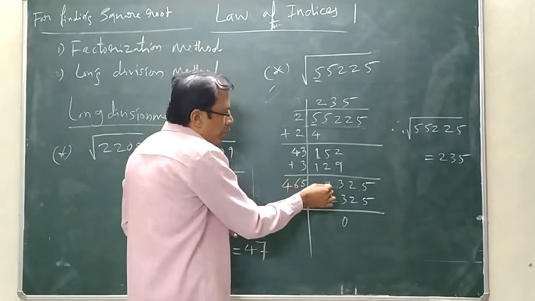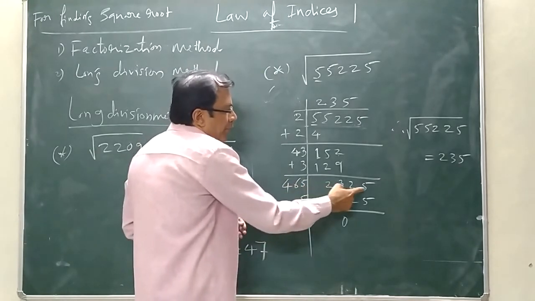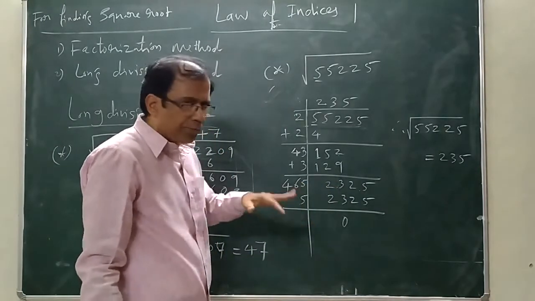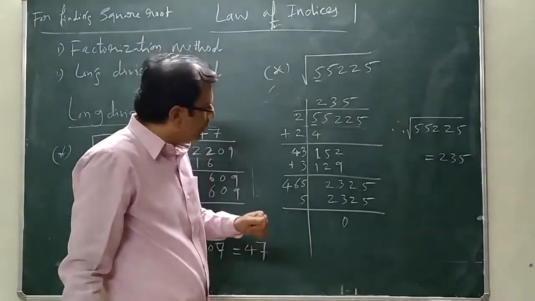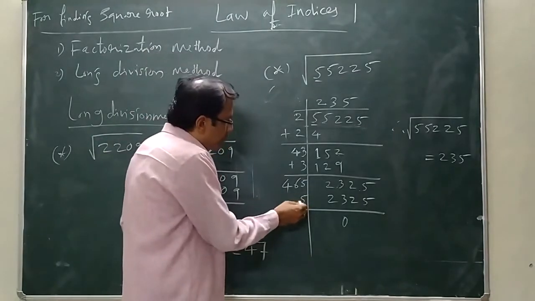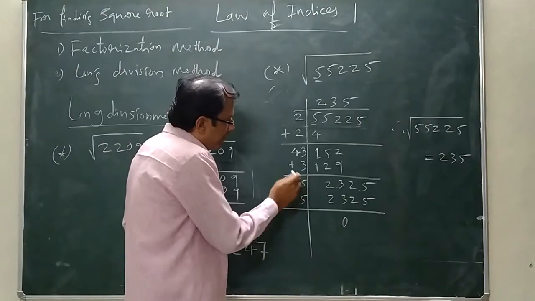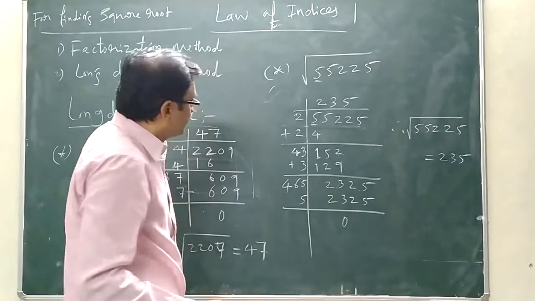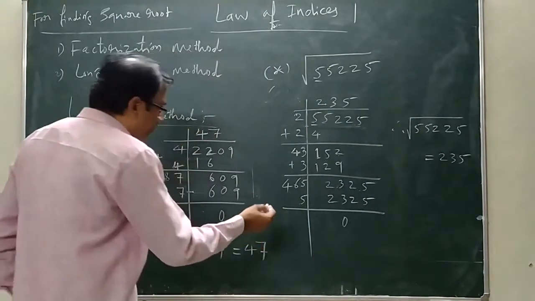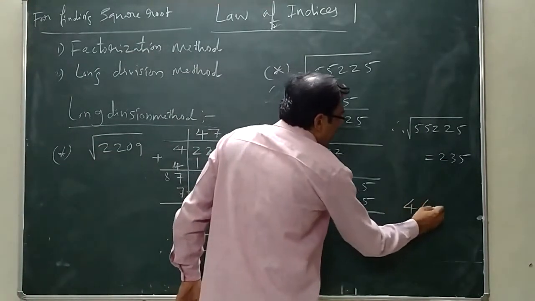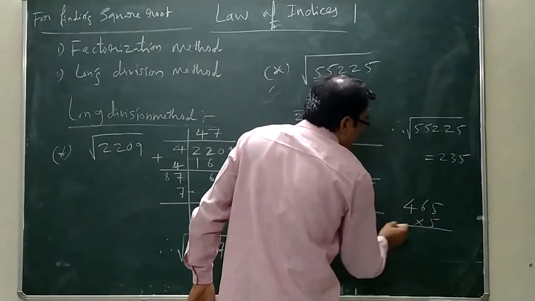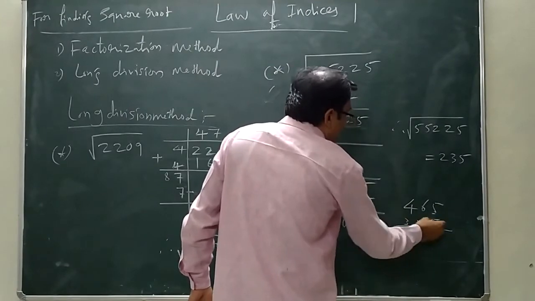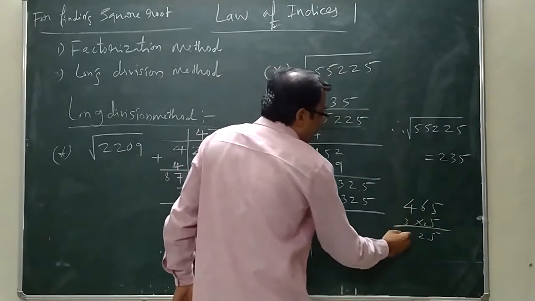Next, again you have to divide 2325. Again you take 5 into 5. After multiplying 5 by 465, you are getting 2325. I can show here: 465 into 5. 5 5s are 25. 5 6s are 30, 32. 5 4s are 20, 23.